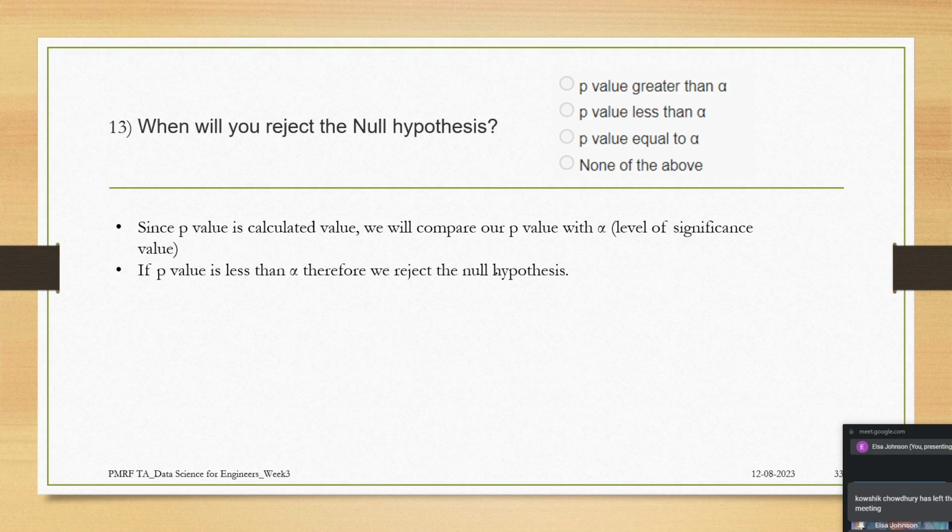Alpha is the level of significance of a test. So if p value is less than alpha, we will reject the null hypothesis. So this is just a theory question. P value should be less than alpha, and in that case we will reject the null hypothesis.